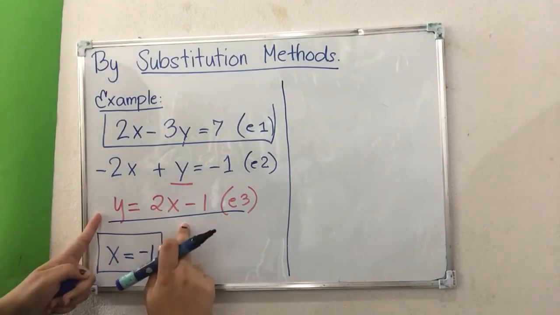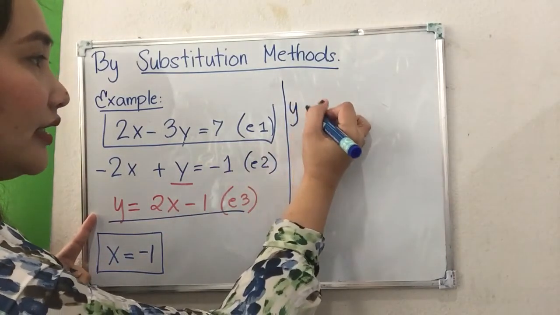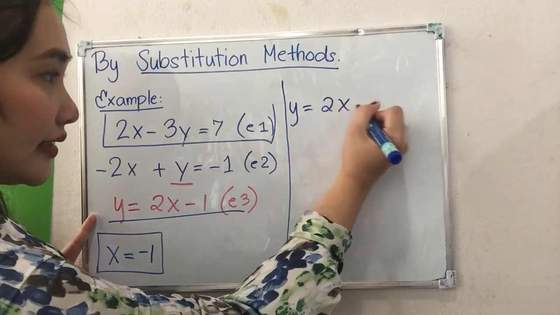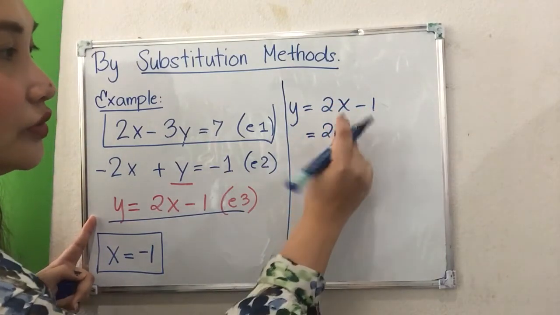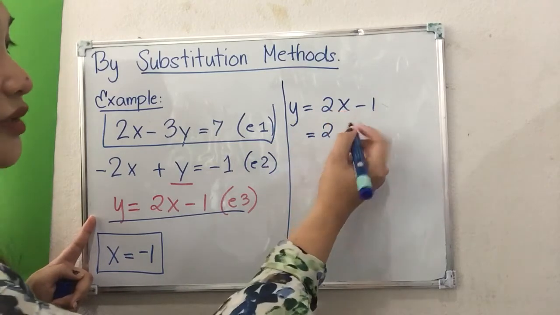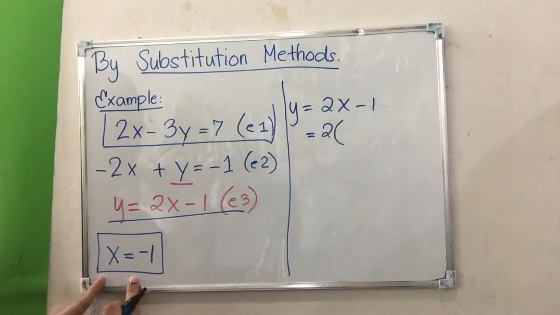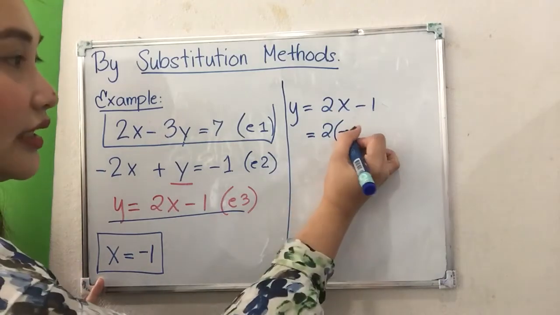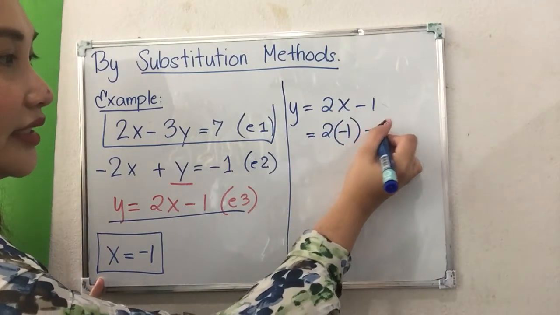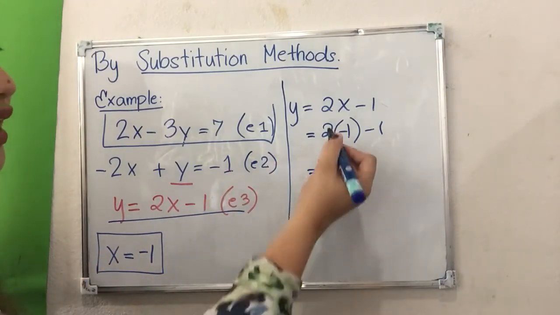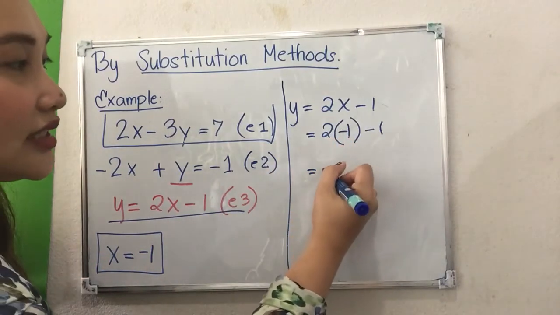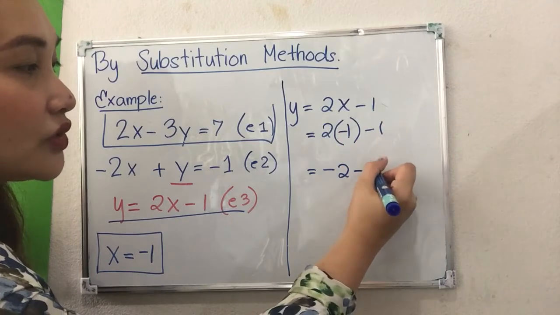Alright, so let's copy this equation. We have y is equal to 2x minus 1. We have to simplify. What is the value of our x? So this one, that is negative 1 minus 1. Continue to simplify: 2 times negative 1 is negative 2, minus 1.